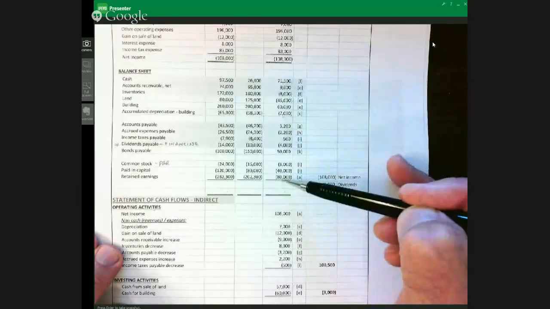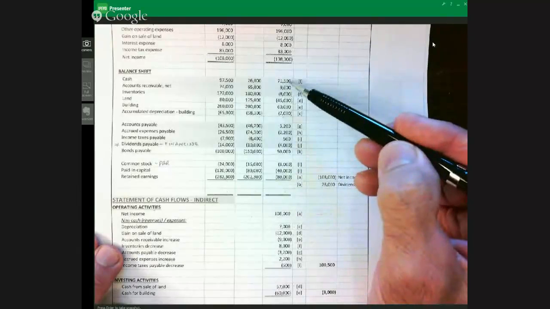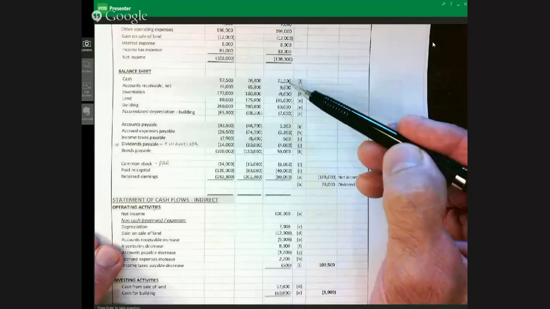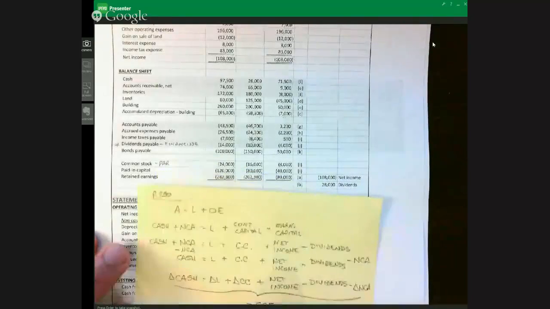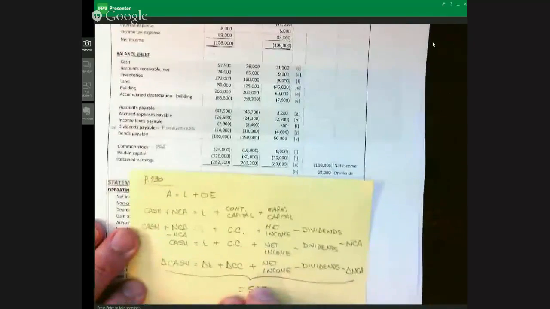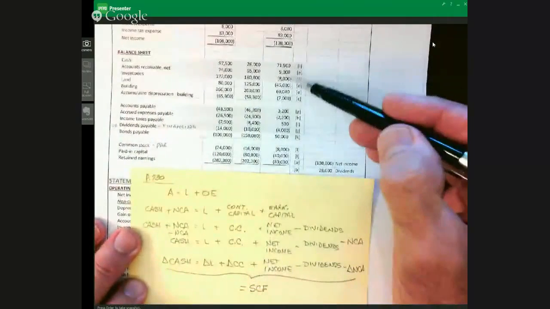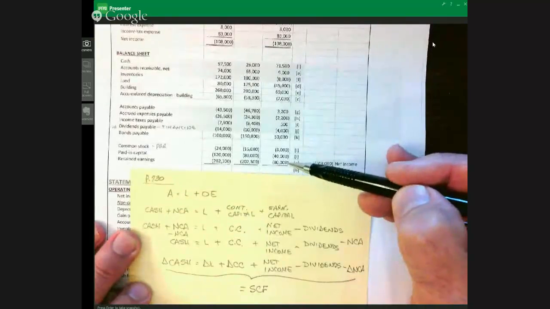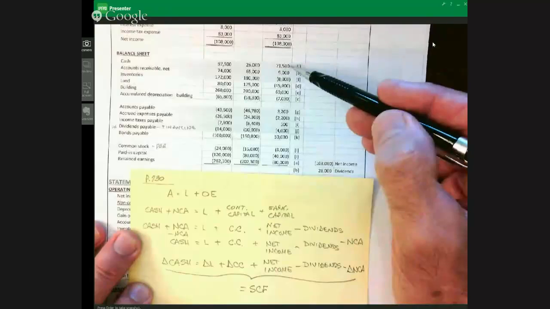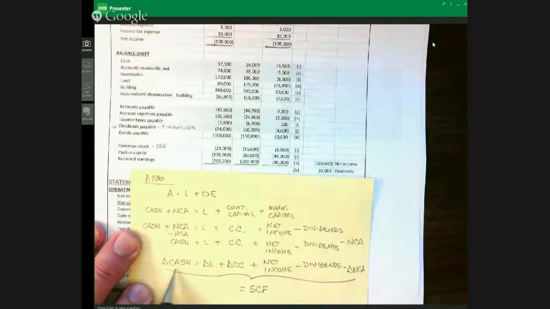When you do, the total value should be $71,500. That is the change in cash. And what that illustrates is that, once we have analyzed the change in each of the accounts on the balance sheet, we would have explained the change in cash like this formulation here shows us.